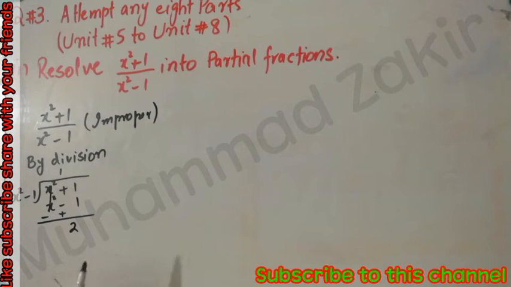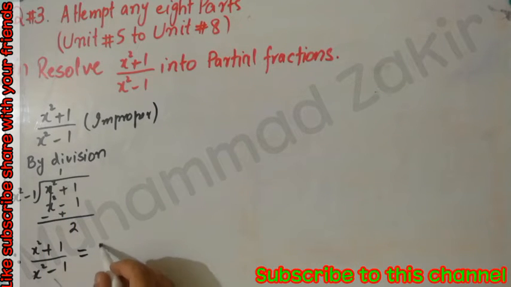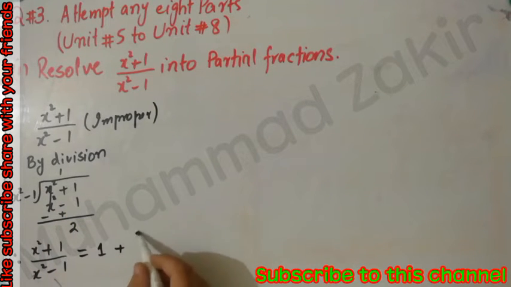Now by the division algorithm, we can write x square plus 1 by x square minus 1, which was given, equal to 1 plus remainder by divisor, x square minus 1. This is the quotient, this is the remainder, this is the divisor, and this is equal to the actual given form.